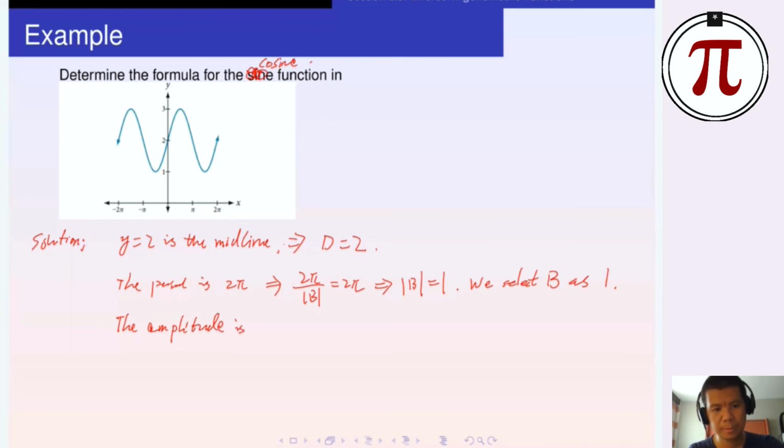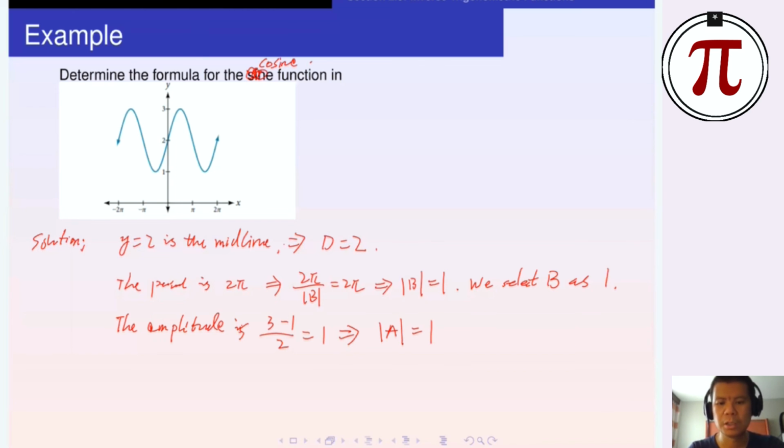What is the amplitude for this one? It is 1, right? It is 3 minus 1 over 2, which equals 1.